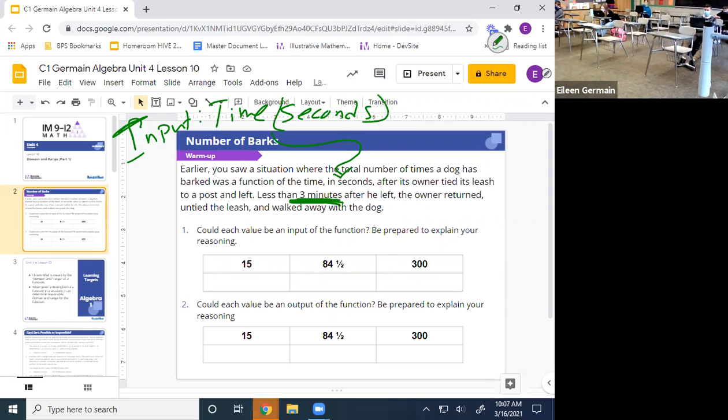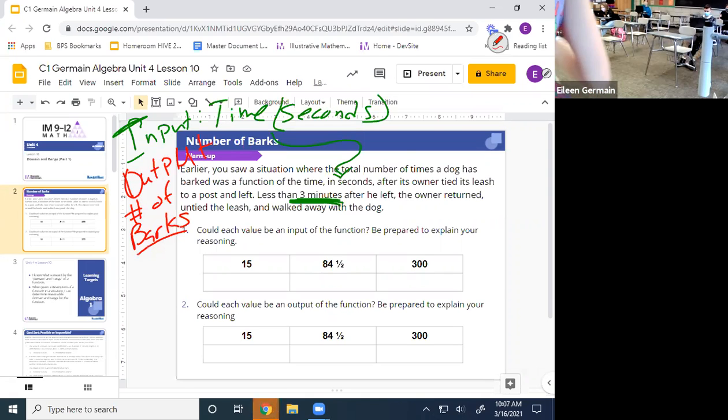And our output was what? Nice job there, Gabe. Our output was barks. The output was the number of barks.